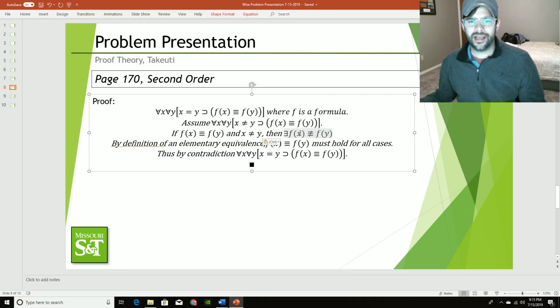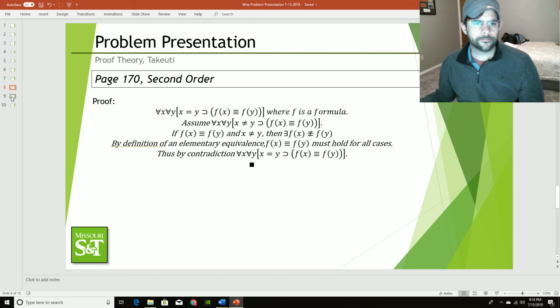Basically, there's got to be at least one x where f of y does not hold, right? Which is pretty easy if you think about it. So by definition of an elementary equivalence, this has to hold for all cases, right? Thus, by contradiction, the statement holds.